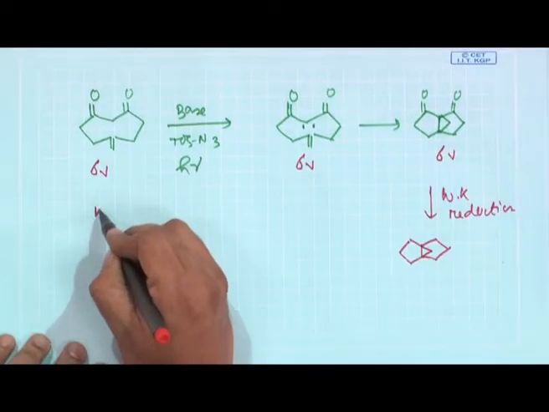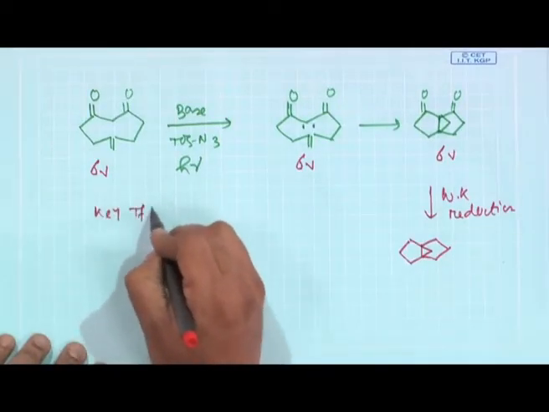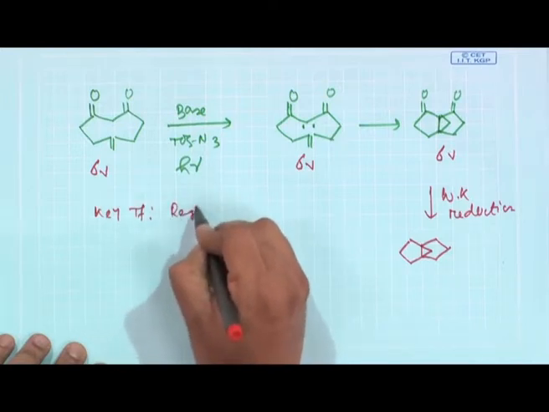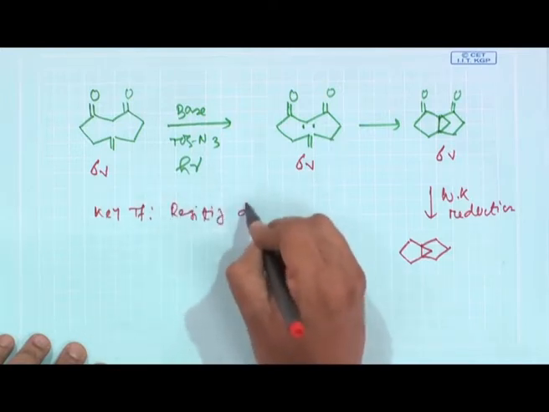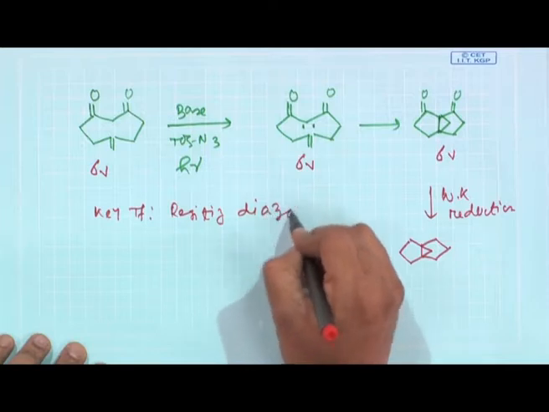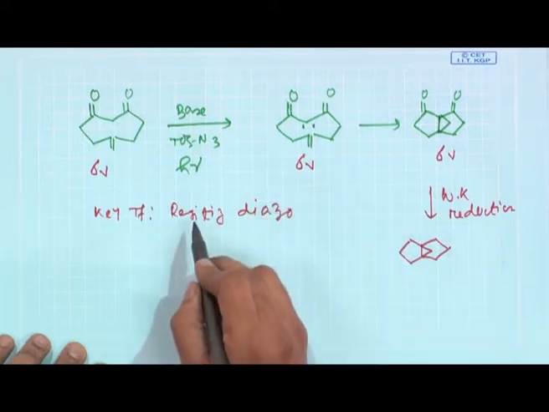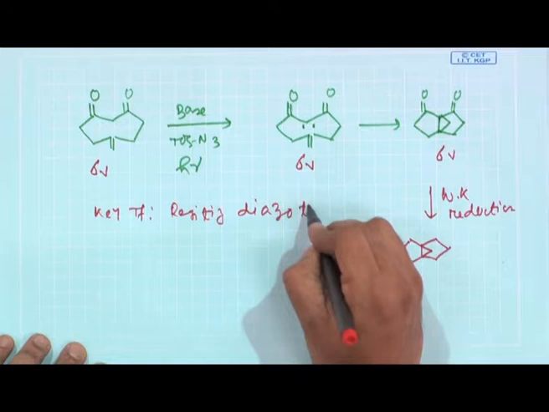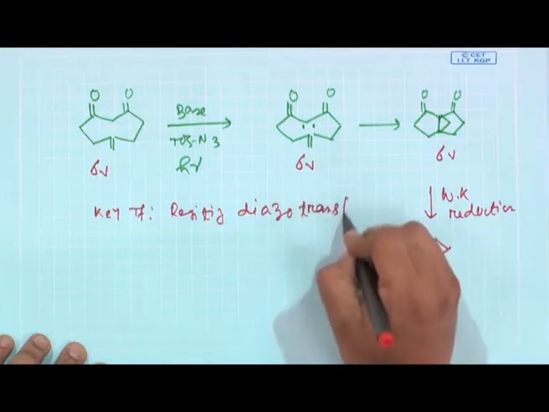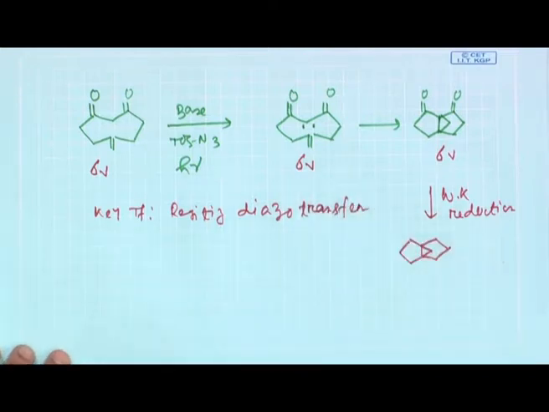The only key reaction which you have now learned is the Regitz diazo transfer, which was first invented by the scientist Regitz. It is also a very useful reaction which helps you generate a diazo species adjacent to the corresponding carbonyl group, and this diazo species from the Regitz diazo transfer is very important.